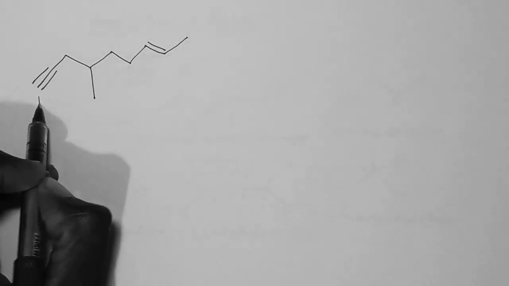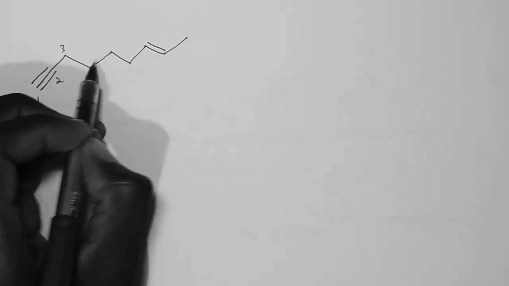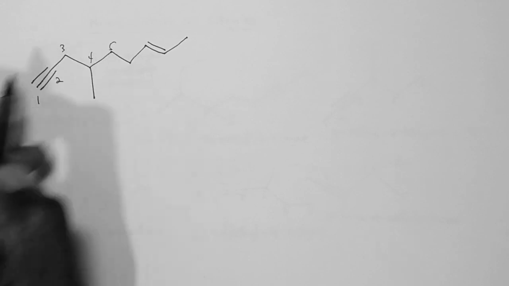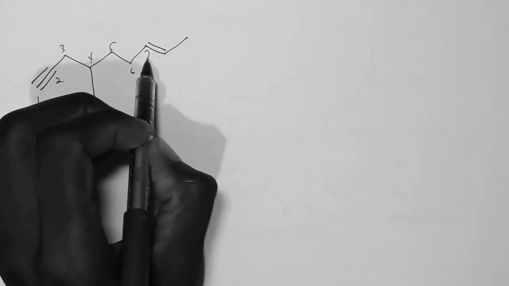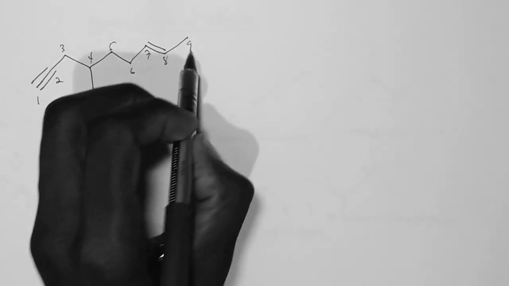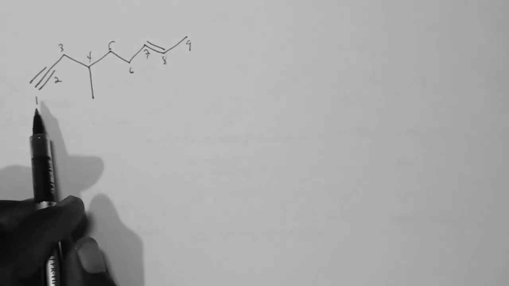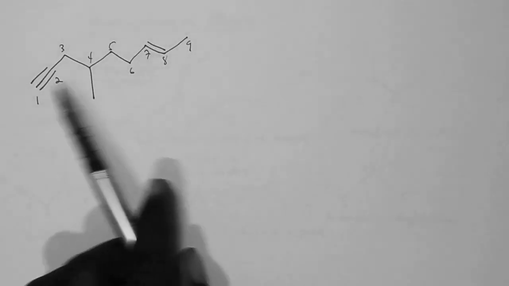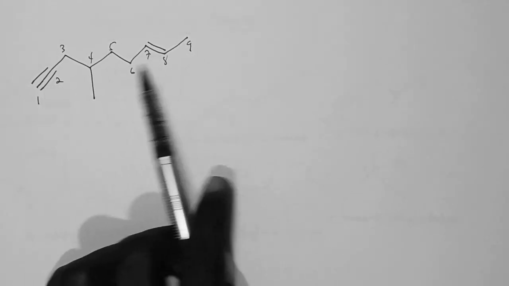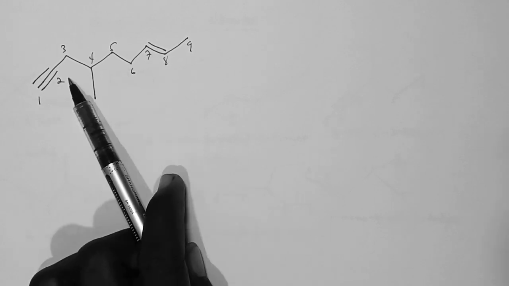So let's number the carbons. This is carbon number 1, carbon number 2, number 3, number 4, 5, 6, 7, 8, 9. So it contains a triple bond and then a double bond. Now, there is a certain difference I want you to notice here.